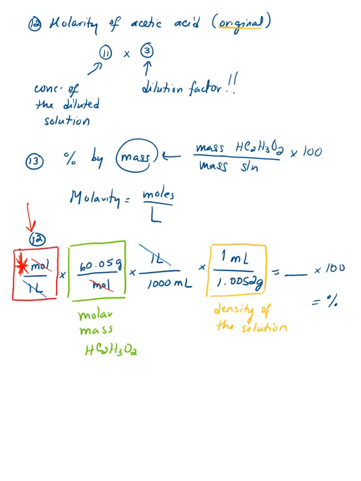Next step is to multiply that number by the density of your solution. With that last step, you're converting a total volume of solution to grams of solution. That's what we're doing with the density. So your milliliters are going to cancel out.